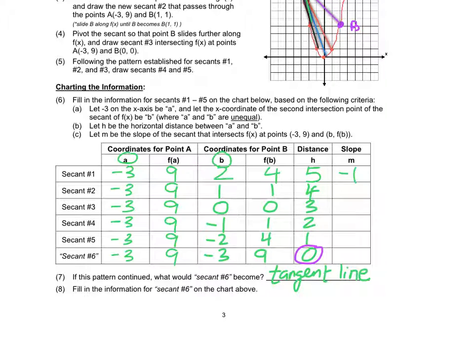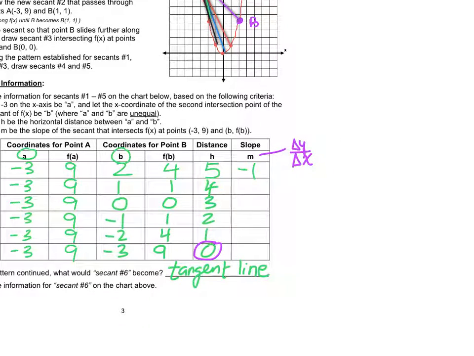All right, so then the slope is change in y over change in x. Whether you use the table or not, I guess that's entirely up to you, but if you really think about it, we got the change in x already, that's the h. The change in y is just the difference between f of b and f of a.